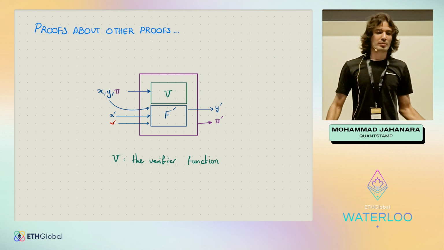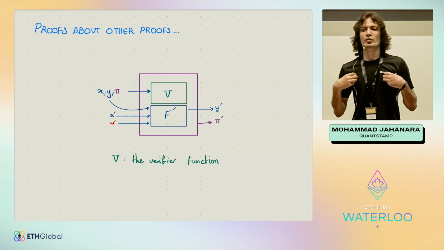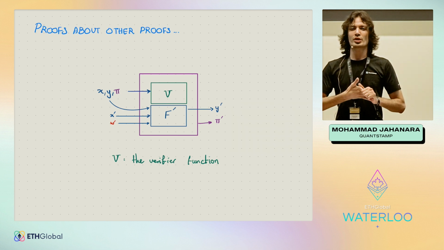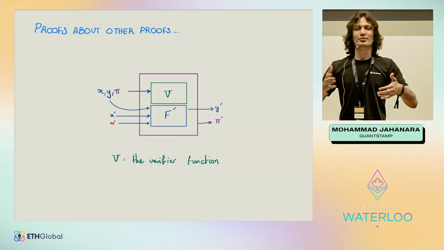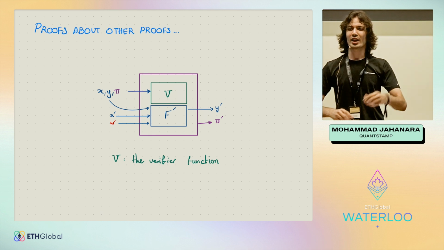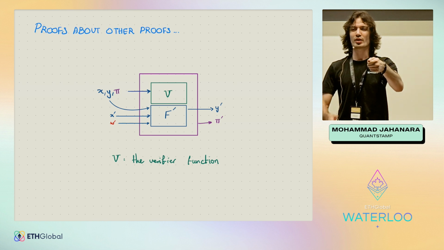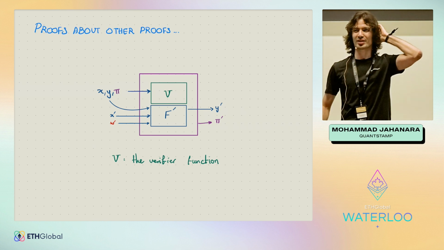Maybe it's a computation that takes ages to run. And I'm someone who was responsible for doing this computation. I worked on this computation for 30 years. And now I want to pass it along to the next person. I have a proof that, okay, this is the proof for the computation so far. This is the result. Now you carry on.